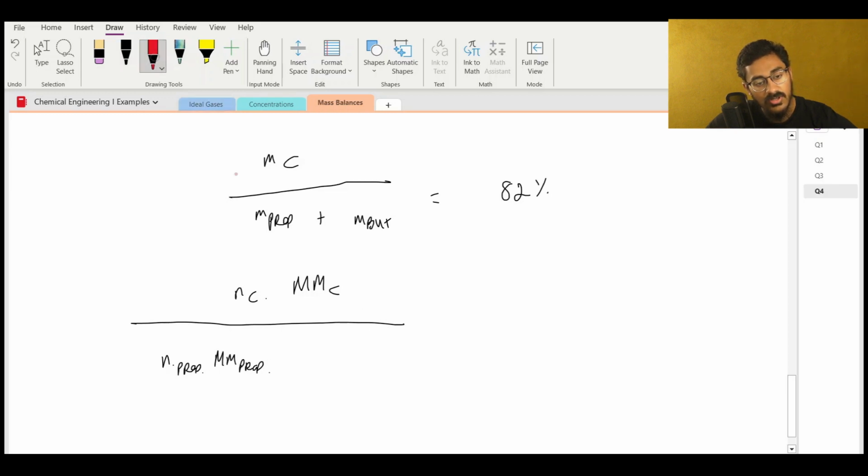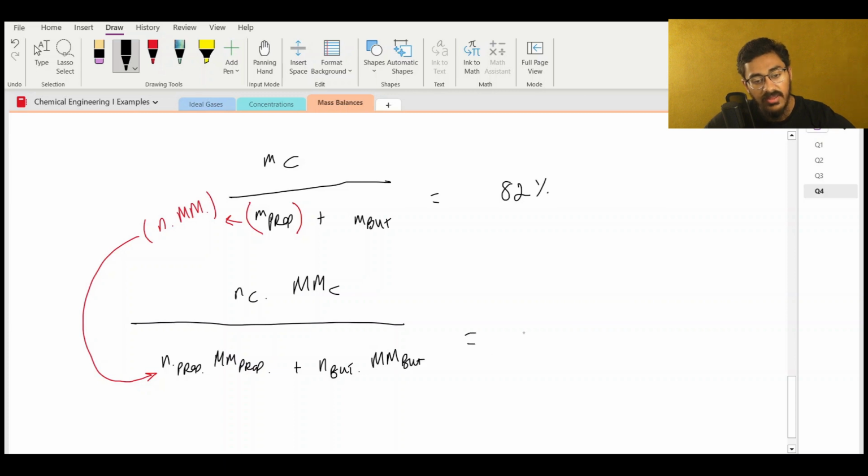Just in case you didn't follow that, I took this mass of propane and I extended it into number of moles multiplied by molar mass, which then ends up here, plus the number of moles of butane multiplied by the molar mass of butane, and that is still equal to 82%. Okay, so we are making progress.